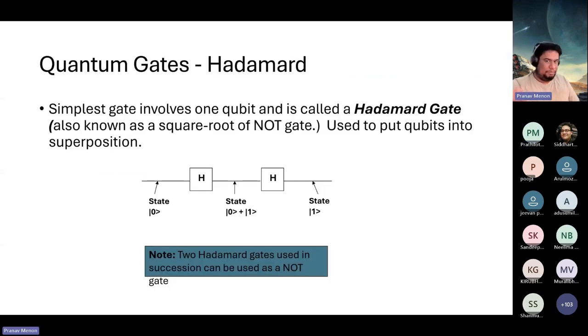And as Pooja earlier mentioned, the Hadamard gates help in getting a particular value into a superposition state. Let's say there is a zero value, and when it goes through a Hadamard gate, it gets into a superposition value.